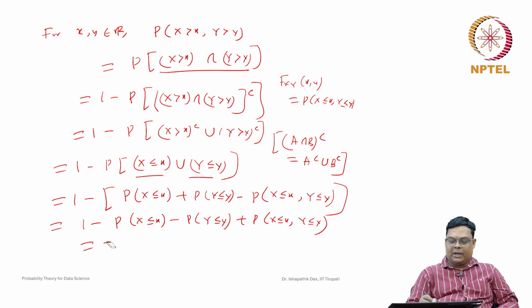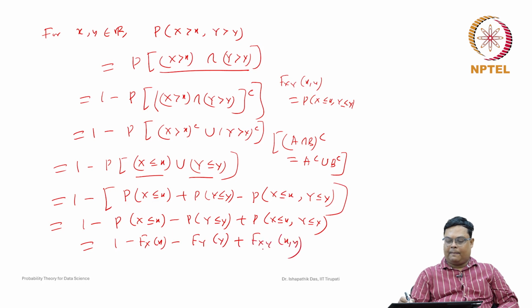So, this is 1 minus F_X(x), the marginal cumulative distribution function, minus F_Y(y), plus F_XY(x, y). This is finally what we got.